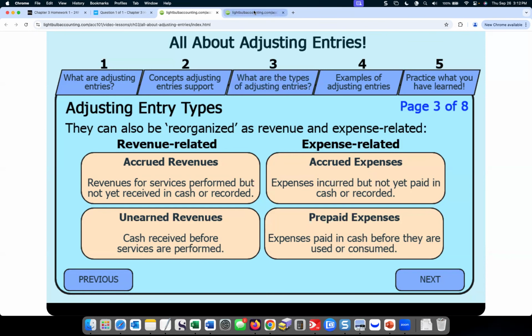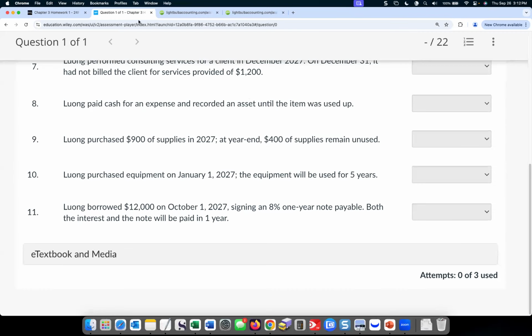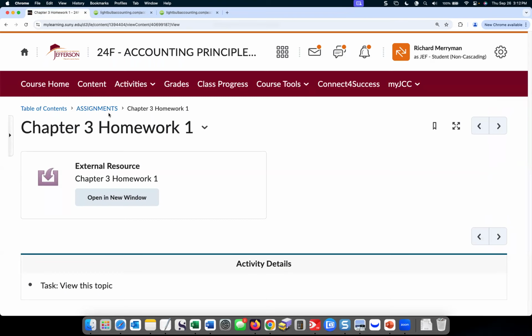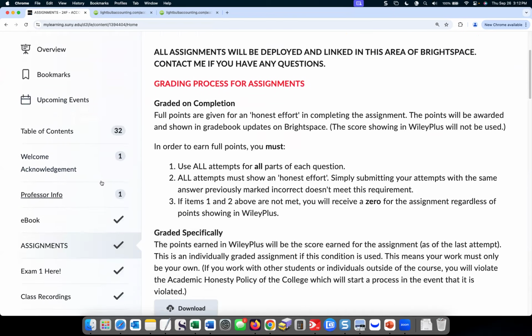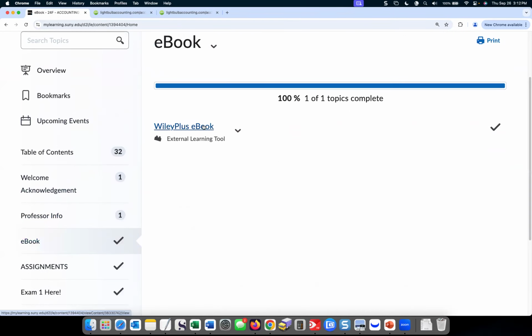Identifying what we got, and now, taking it one step further, let's take that skill that we practiced and do something else with it. So I'm going to go ahead and close this out and open the ebook, and for the second part of class, we're going to grab an exercise at the end of chapter 3, and we're going to prepare some of these adjusting entries.